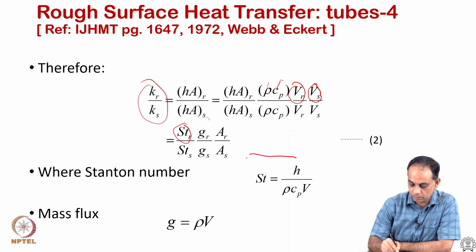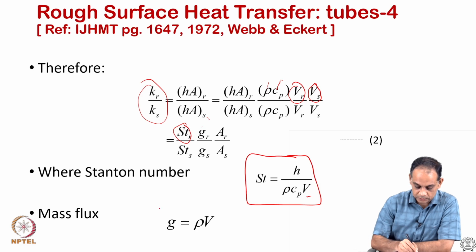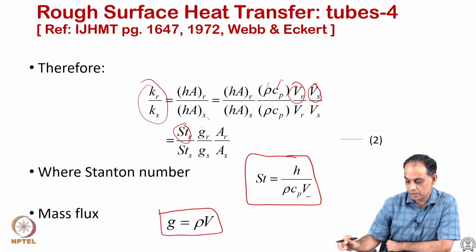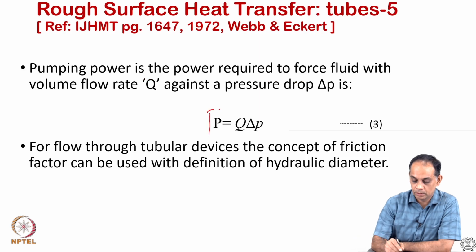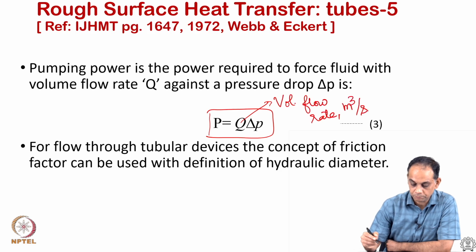St is the Stanton number, which is the heat transfer coefficient divided by rho Cp times velocity, and G is the mass flux, rho times V, and AR is the surface area ratio that we are interested in. And pumping power, as I discussed: Q here is not heat transfer rate, this is volume flow rate, which is in meter cube per second.